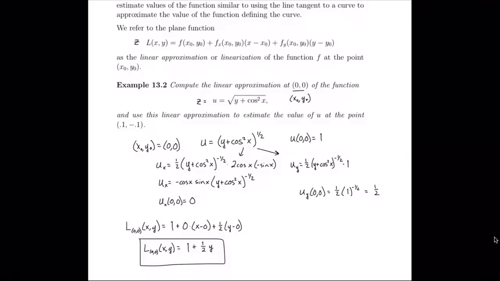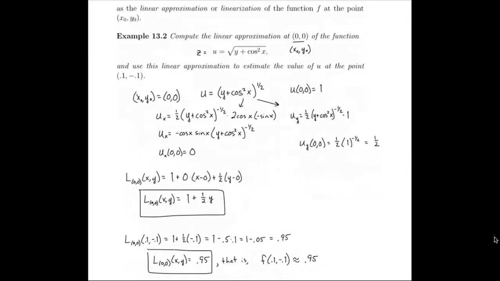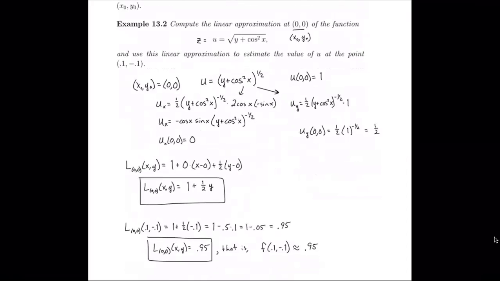So to build our linearization, we use the formula above, L of x, y. And filling these things in, we know that we'll need the first derivative of u in x, and the first derivative of u in y, partials for both. So the partial of u with respect to x is a matter of chain rule: the power of 1/2 comes down, raised to the negative 1/2.